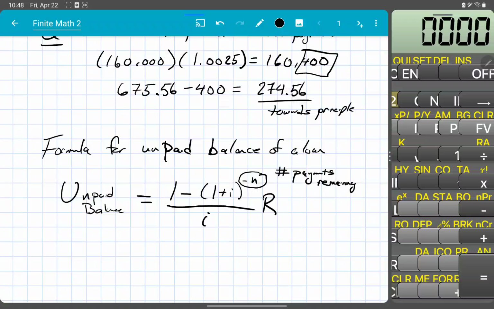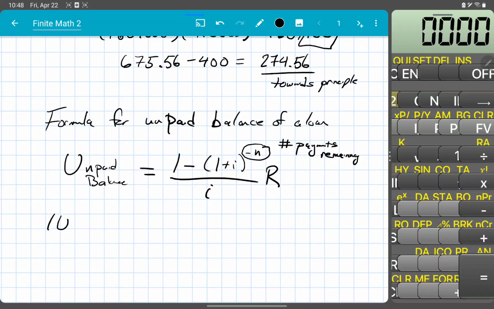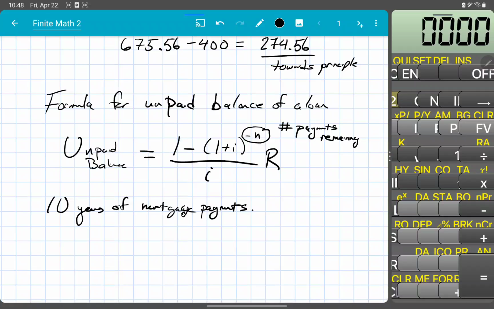So you could say, how much do you owe on the house after 10 years of mortgage payments? Say at the end of 10 years, you're like, I'm sick of this. I got a big bunch of money that I inherited. Can I just pay off the house? You might ask.